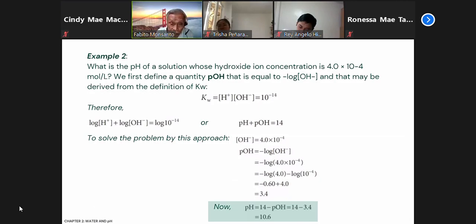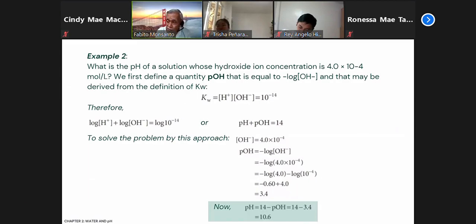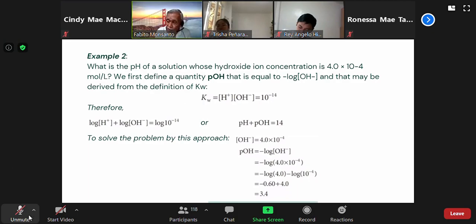So when we say pH, that is the hydrogen ion concentration. The opposite of that would be pOH, that would be hydroxyl ion concentration.